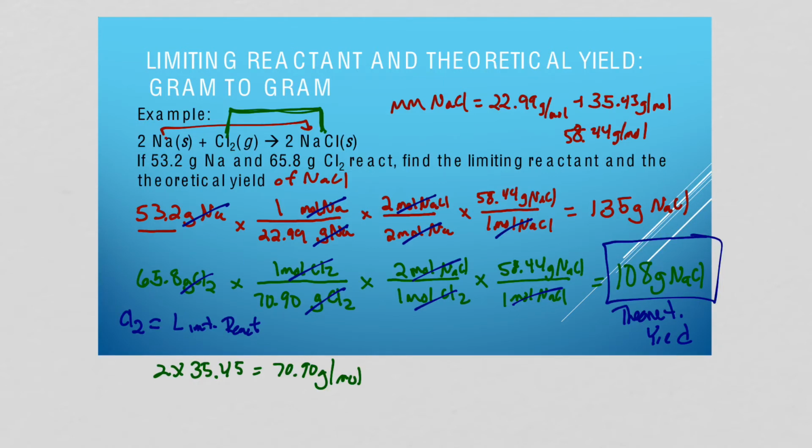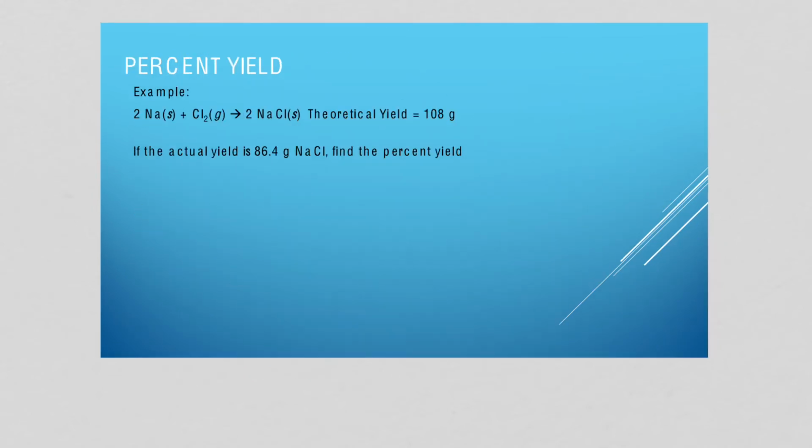But we're going to add one extra step here, and sometimes as a follow-up, these will get into percent yields. So they'll do something like this. They'll say, okay, if you do an experiment and your actual yield is 86.4 grams of sodium chloride, find the percent yield.